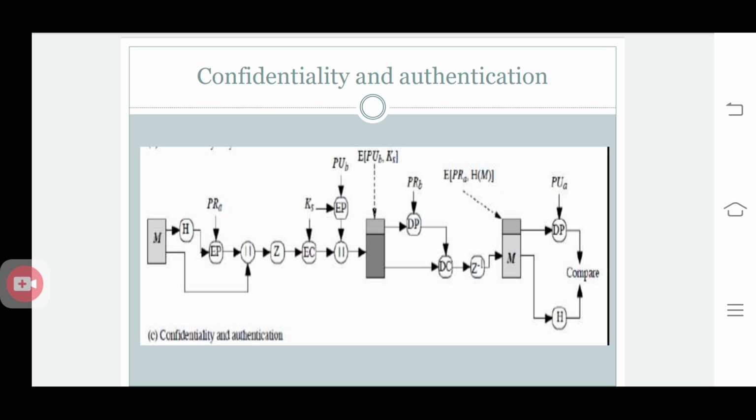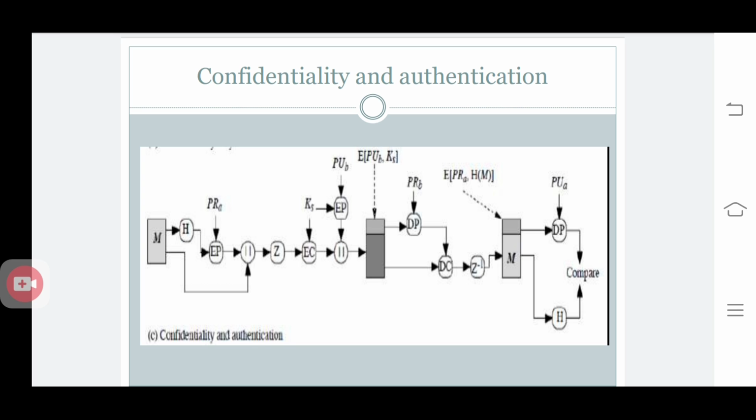To implement both, you have to club the two structures. You have a message; first you perform the authentication. For that, you perform a hash function to produce a hash code, then encrypt that hash code and attach it with the original message. Then after this attachment, you perform a compression function Z.